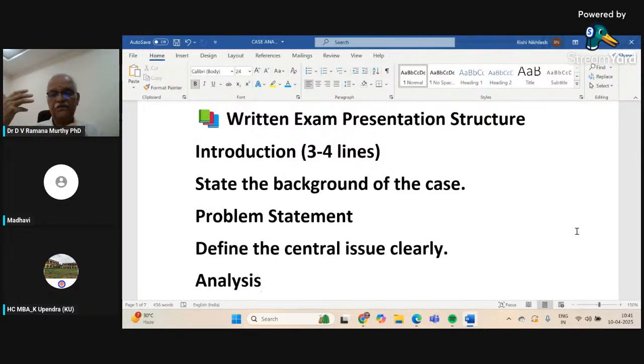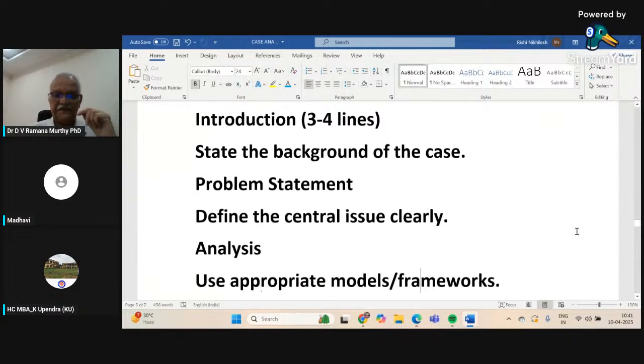Where you appear for interviews and group discussions, you also have case presentations as a filtration process, filtering students out. So the introduction is 3-4 lines. State the background of the case clearly. State the problem statement clearly. Define central issues very, very clearly. These are the first three core aspects.